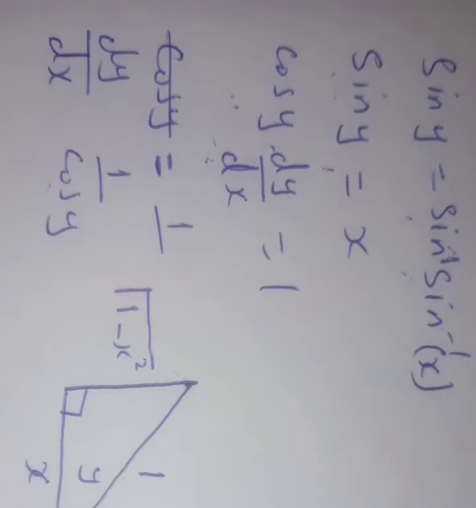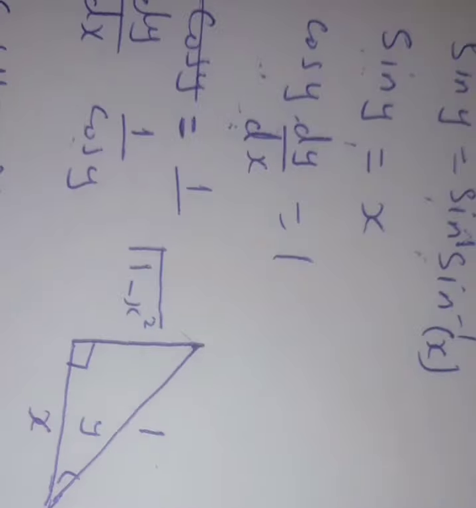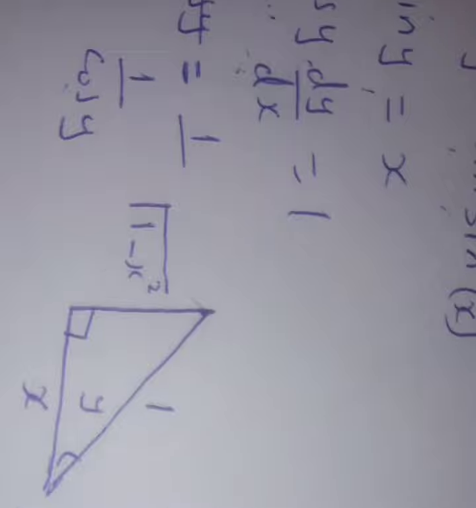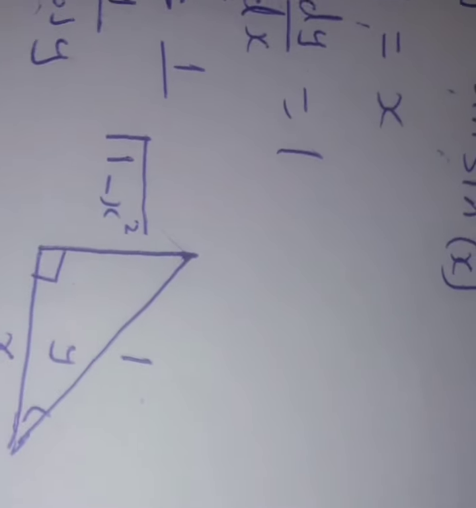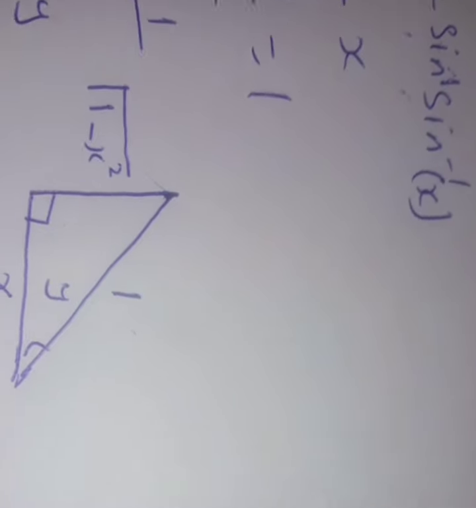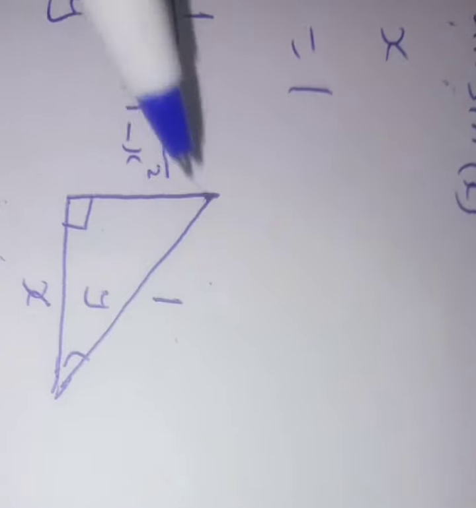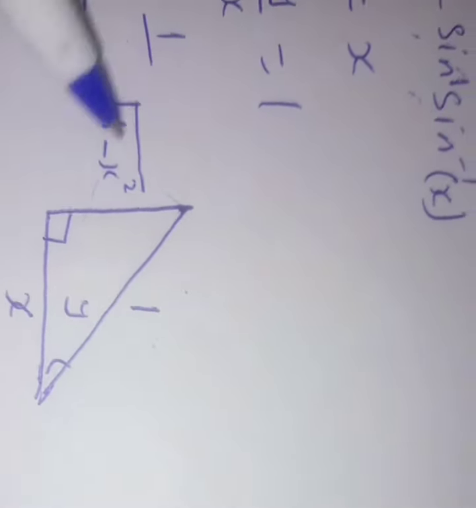We let the hypotenuse be 1 unit, and the adjacent side be x. By Pythagoras theorem, this side will be the square root of 1 squared minus x squared.